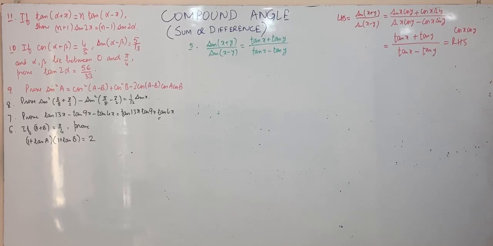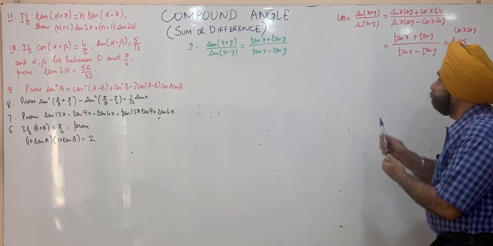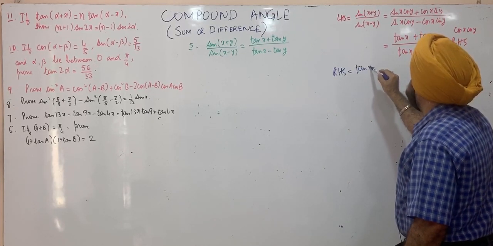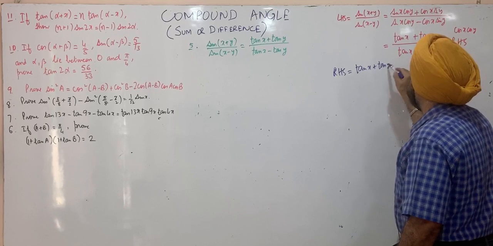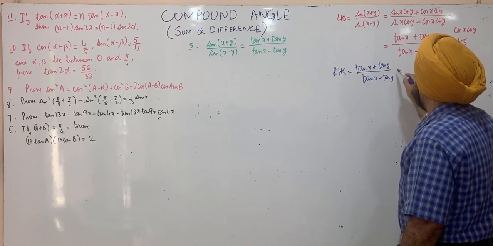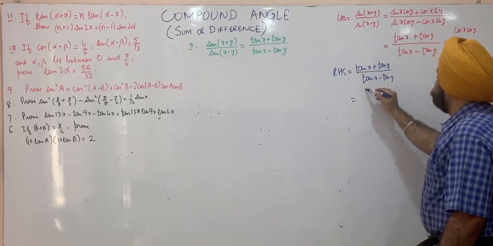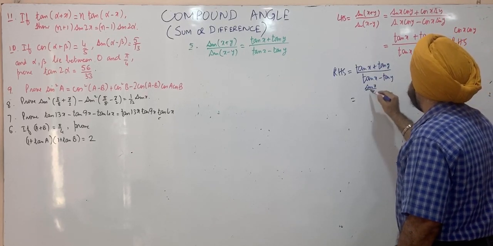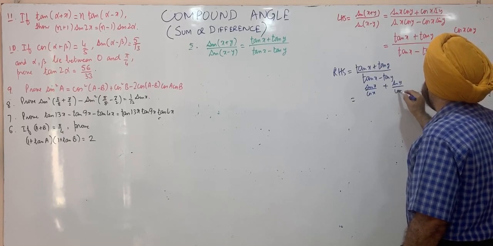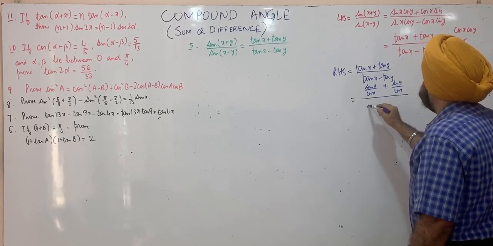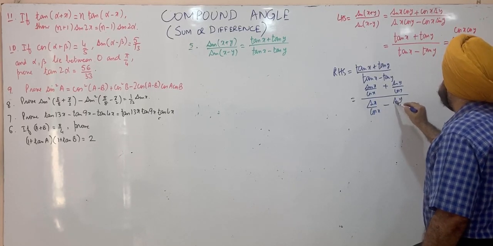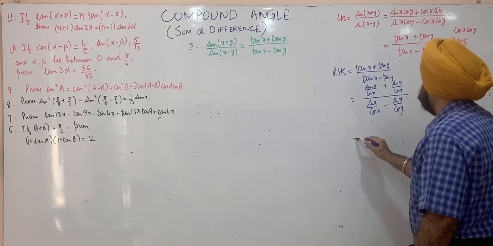You could have started from the right hand side. If I start from right hand side, it's tan x plus tan y upon tan x minus tan y. We write tan x as sin of x upon cos of x, and this is sin y upon cos y. This is sin x upon cos x minus sin y upon cos y.